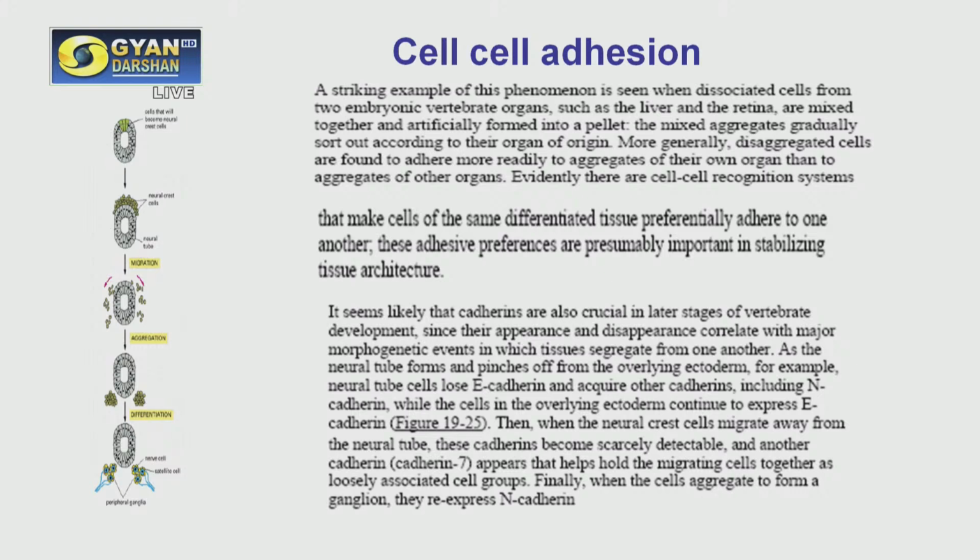So a cell which is having a particular type of cadherin, say an epithelial cell, it is having E-cadherin. What will happen? It will get separated and then it will only associate with cells containing E-cadherin. It will not associate with cells which contain N-cadherin. So all the cells having E-cadherin will aggregate and give rise to a particular tissue.